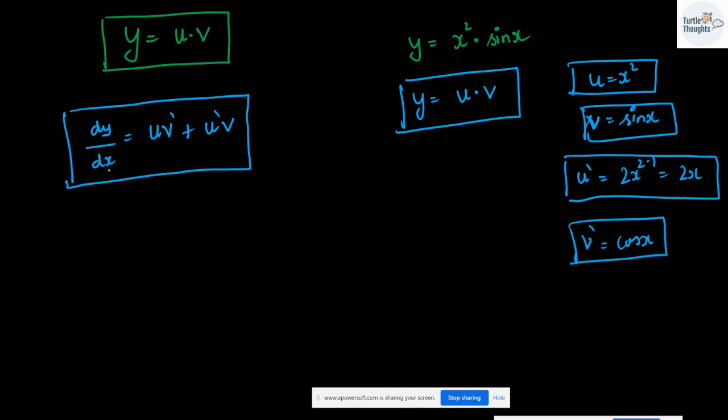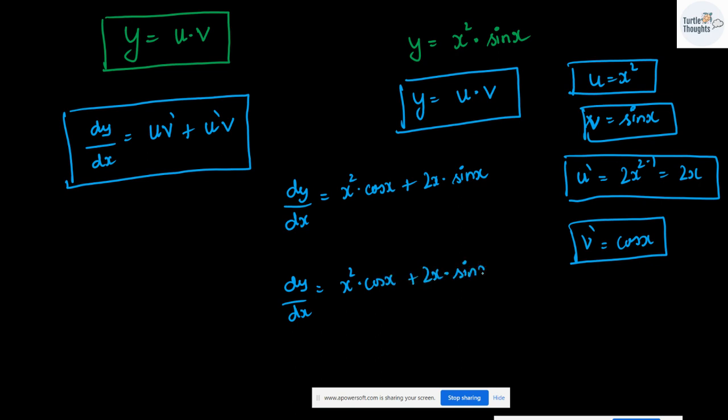I can use the product rule which says that dy by dx is going to be equal to the first function u, which is x squared, multiplied by v dash, the differential of the second function, which is cos x, plus u dash, the differential of the first function, which is 2x, multiplied by the second function, which is sine x. dy by dx can be written as x squared multiplied by cos x plus 2x multiplied by sine x.